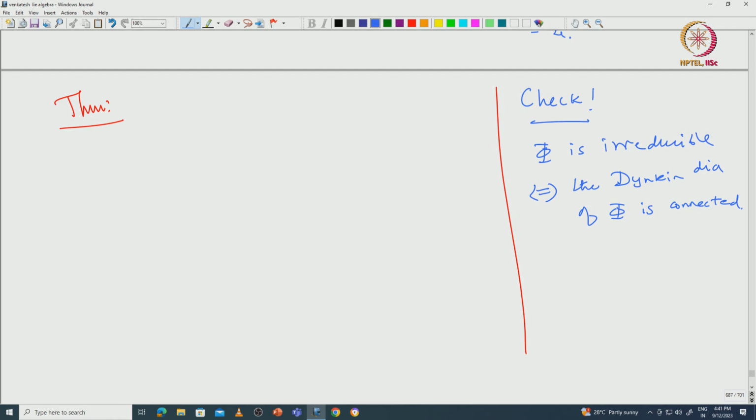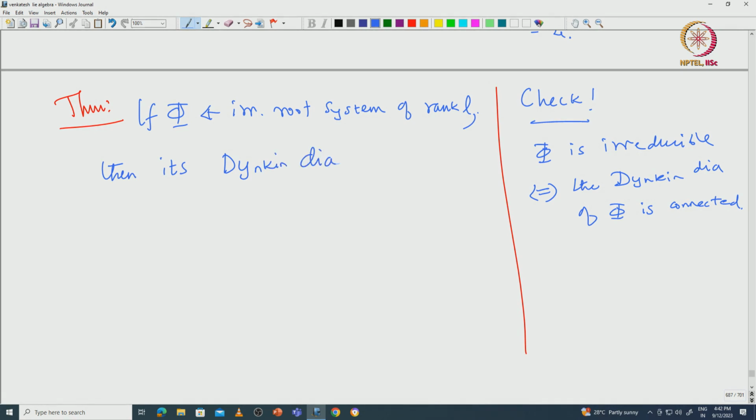So you start with phi, which is an irreducible root system of rank, let us say, L, and its Dynkin diagram must be one of the following. Its Dynkin diagram has only the following specific choices, each of which has L vertices.